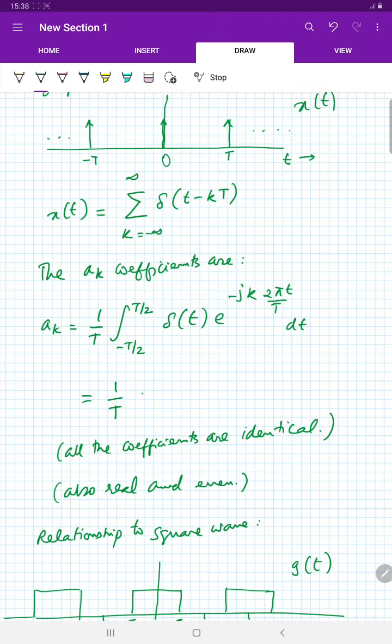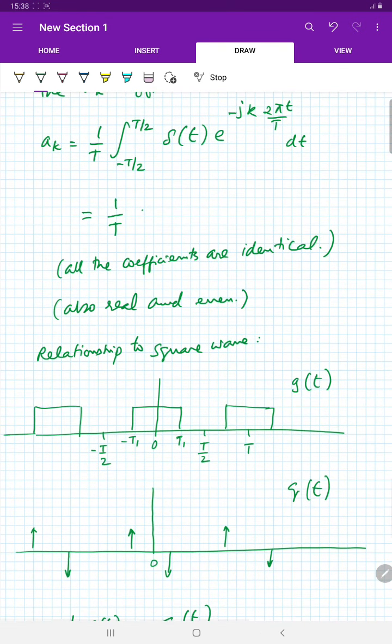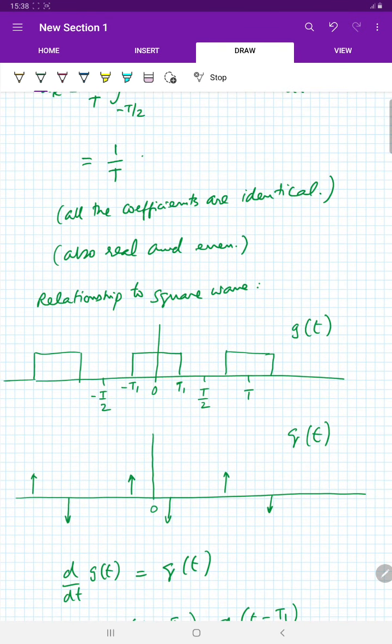So for all ak, you get the value 1 by T. Essentially, all the Fourier series coefficients of this periodic impulse train are identical. They are also real and even, because the signal is real and even.